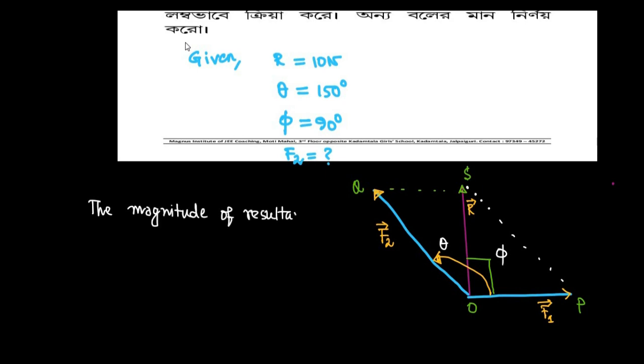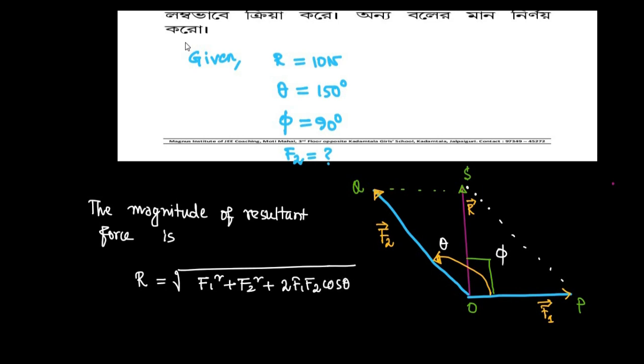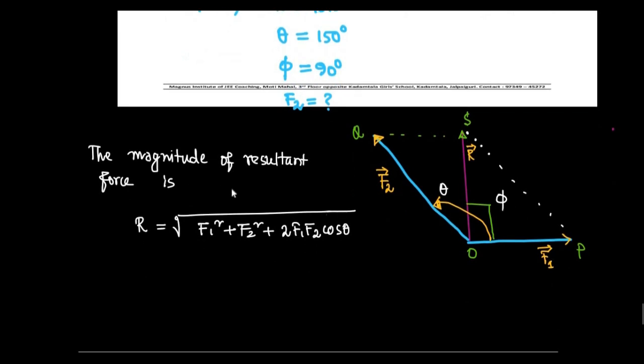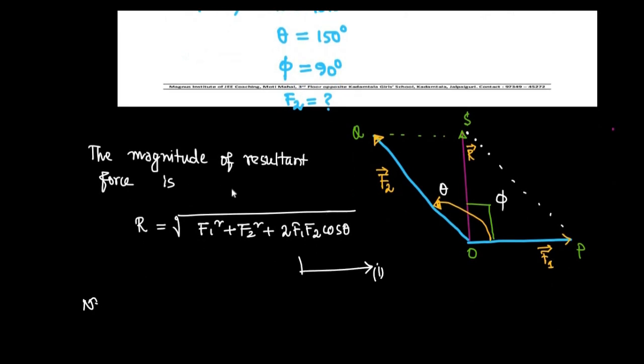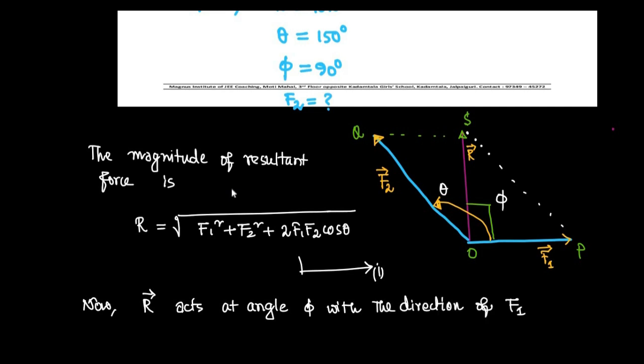The magnitude of resultant force is given by R equal root over F1 square plus F2 square plus 2 F1 F2 cos theta, where theta is the angle between the lines of action of the two forces. This is equation 1. Now, vector R acts at an angle phi with the direction of the first force vector F1.